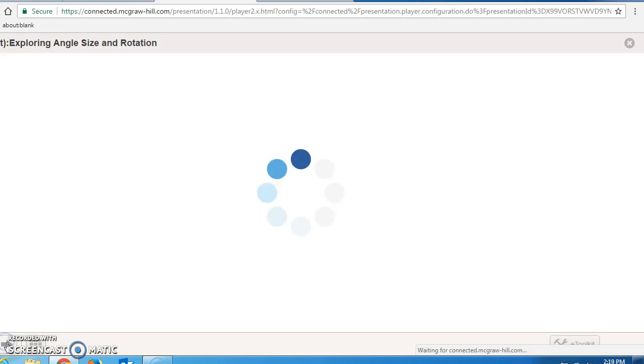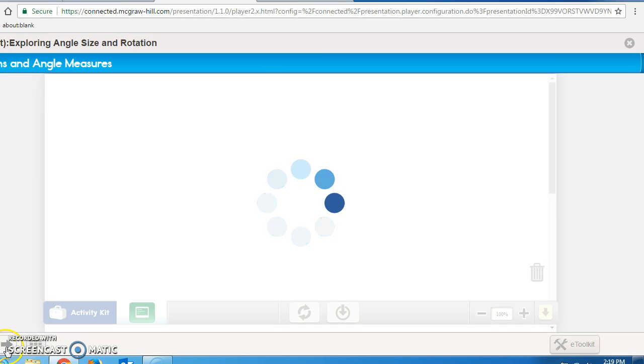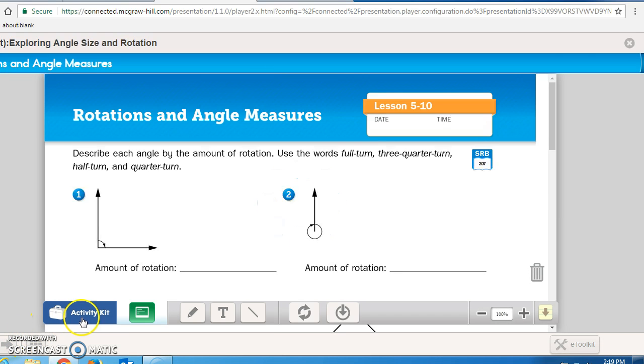So Math Journal, page 178, you should have it open and out. Number 2, what amount of rotation is it if I start at this point and turn all the way around and end looking at that same point? Is that called a full turn, a 3/4 turn, a half turn, or just a simple quarter turn?